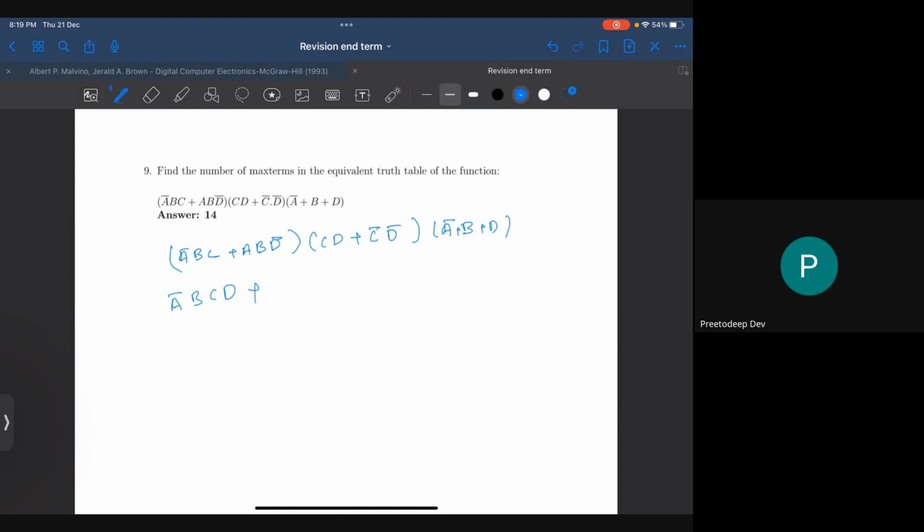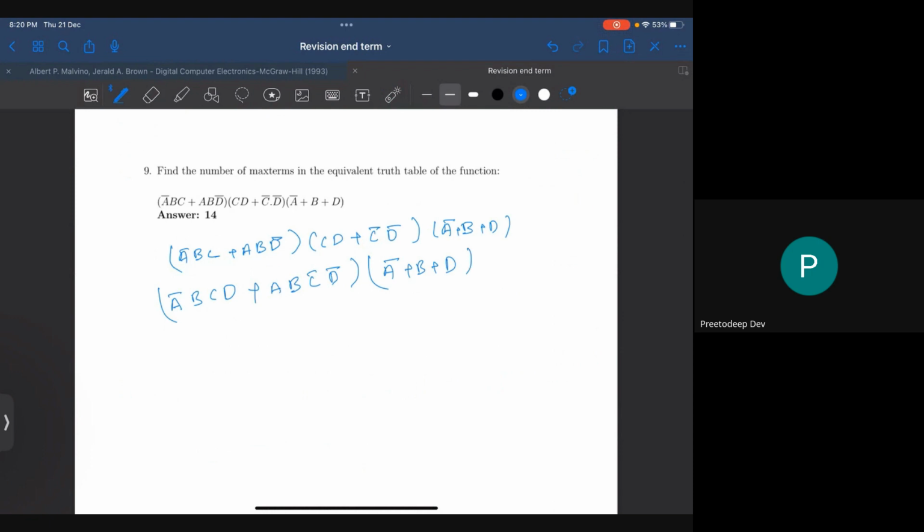Now here you'll get A, then B, C bar, D bar. Now A bar plus B plus D.